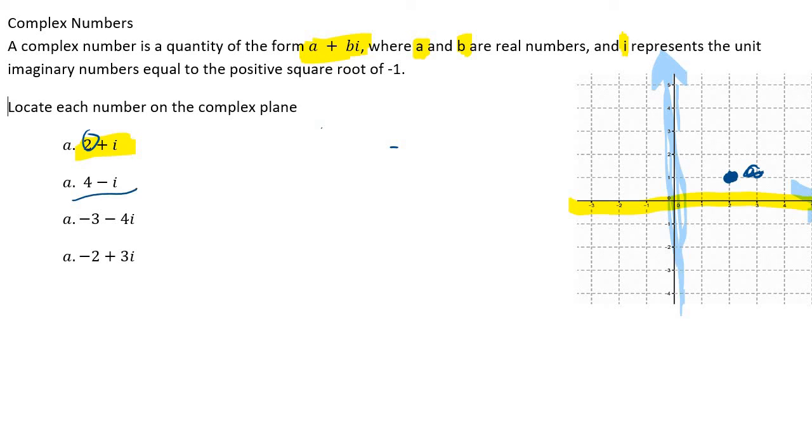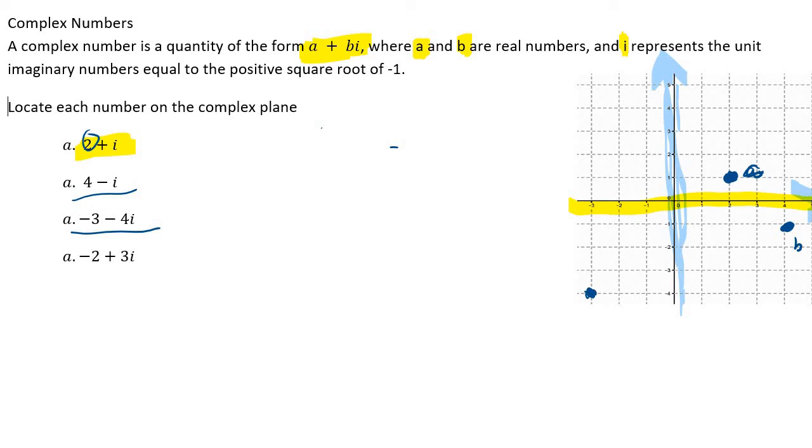Similarly, 4 minus i will be, we go 4 units on the real axis and then 1 unit down on the imaginary. That's my B. Negative 3 minus 4i will be 3 units to the left of 0 on the real number axis, and then 4 units down on the imaginary axis.